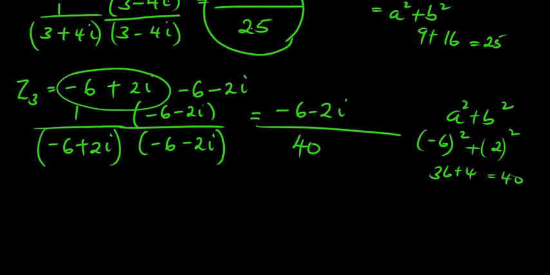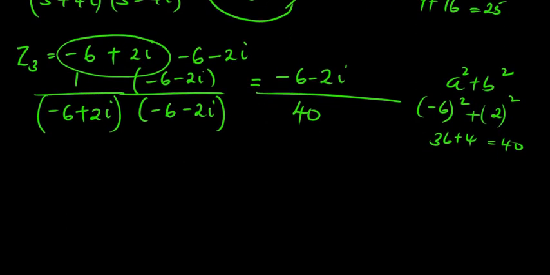We can confirm whether that is true by using the long method of expanding. We have negative 6 plus 2i multiplied by negative 6 minus 2i.